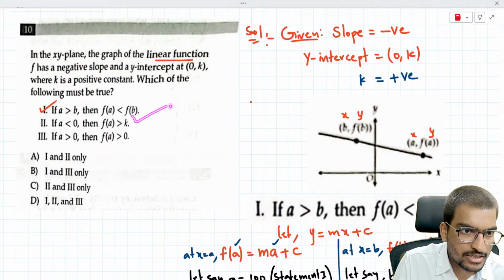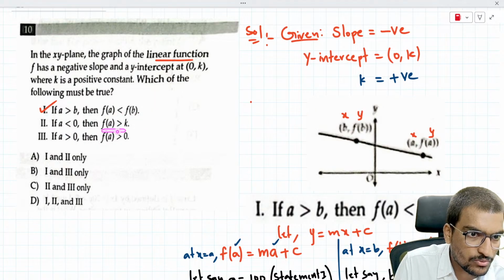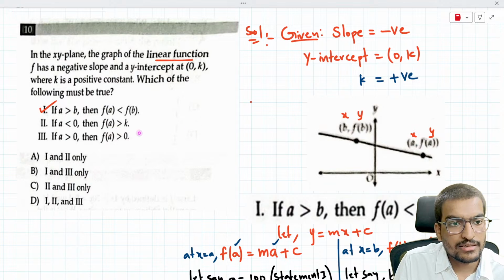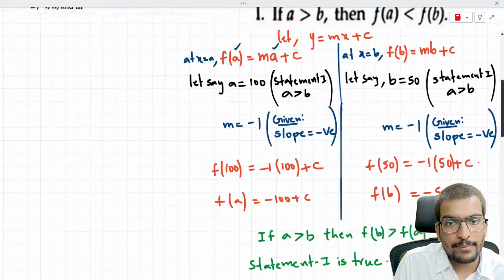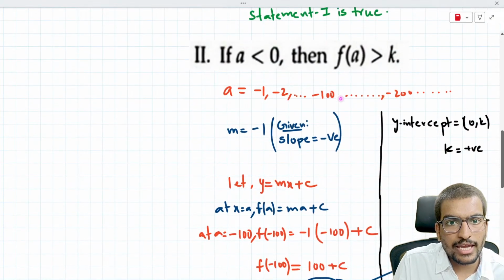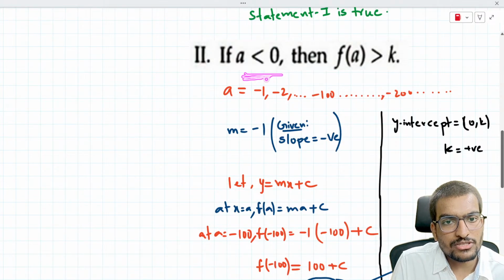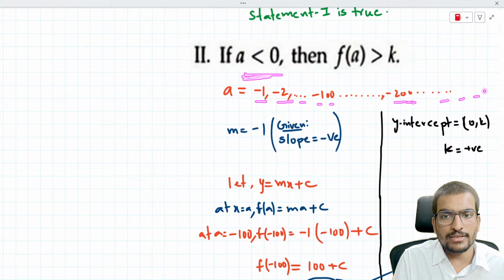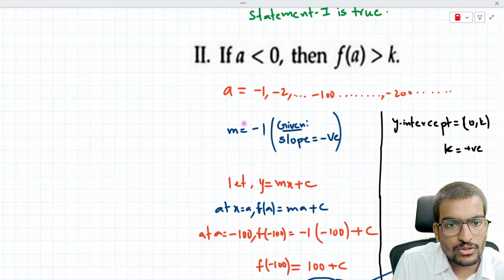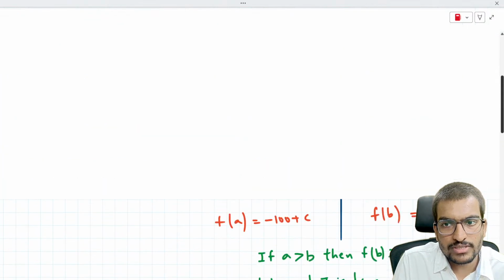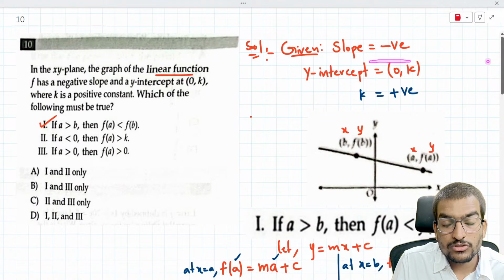Now second statement: a value less than 0, then f of a is greater than k. Let's see what happens. a value less than 0 means -1, -2 till -100, -200, infinite. You already know that slope is negative, as given.